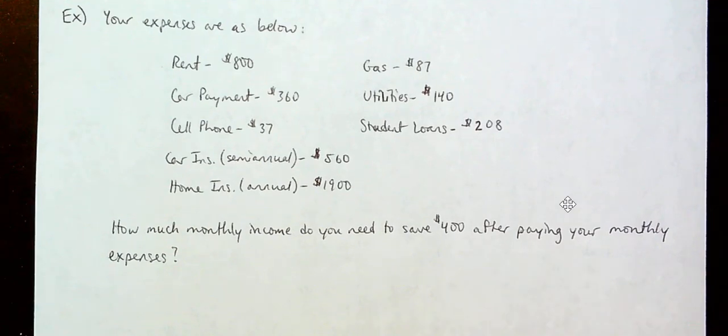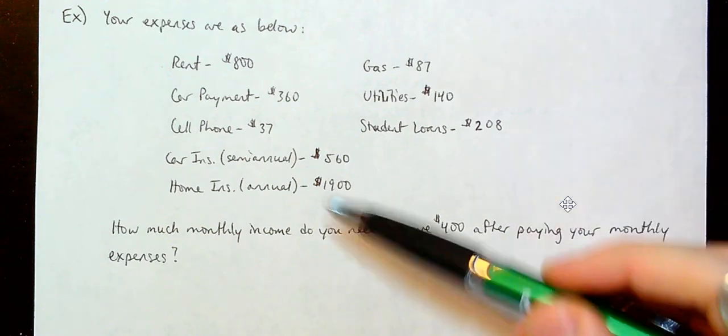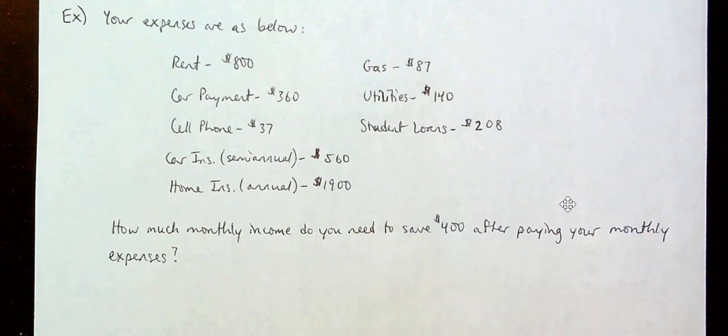So your expenses are as listed below here. All of these costs are monthly except for the car insurance and the homeowners insurance, which are listed as either annual or semi-annual. How much monthly income do you need to save $400 after paying off your monthly expenses?